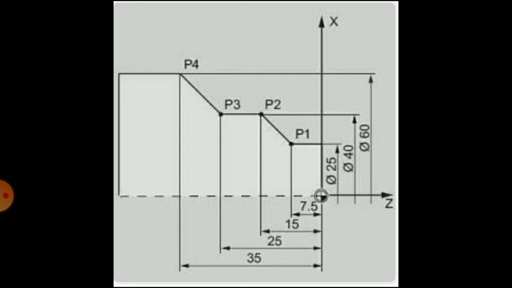So move the tool from P2 to P3 to make the diameter 40 up to the length of 25. For the length, you can see here P2 to P3 is 10 mm, but you have to give the coordinate of Z from the reference point. So for that Z minus 25 is given.